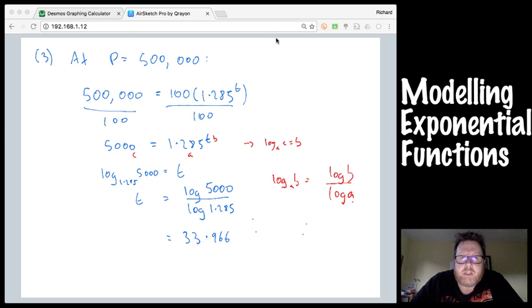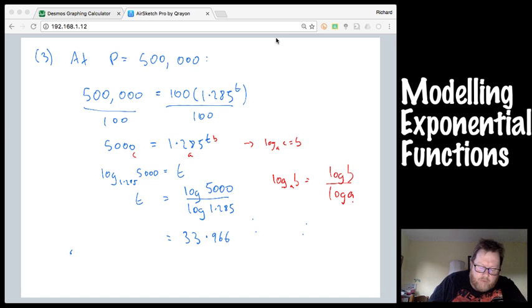So the population is 500,000 at 33.966. But we'd probably want to use the nearest hour. So at 33 hours, the population won't be 500,000. So we're going to have to round up to 34 hours. So I would conclude, therefore, after 34 years, oops, not years, that would be a very slow population growth.